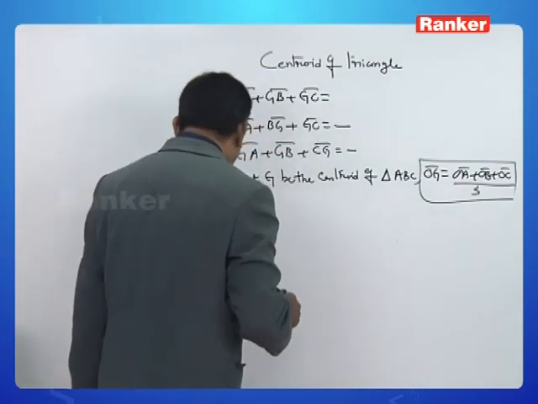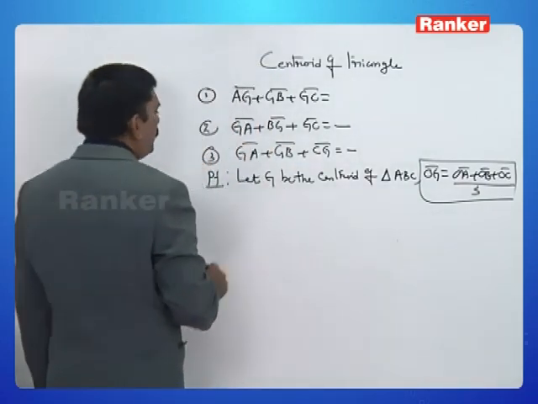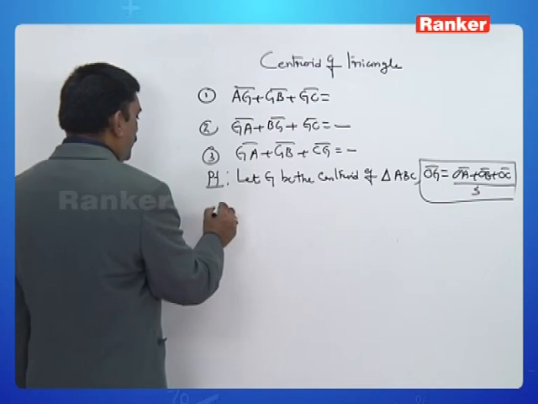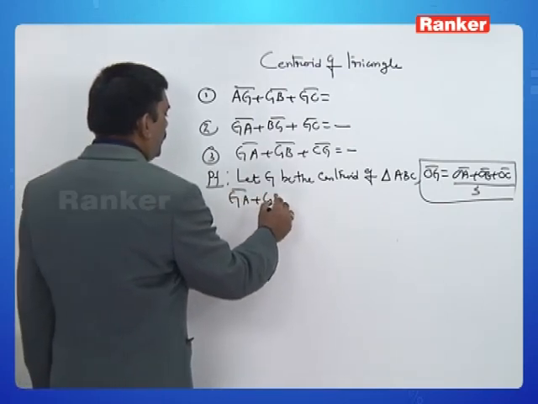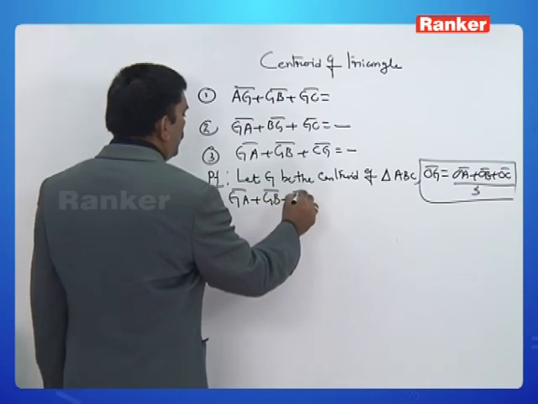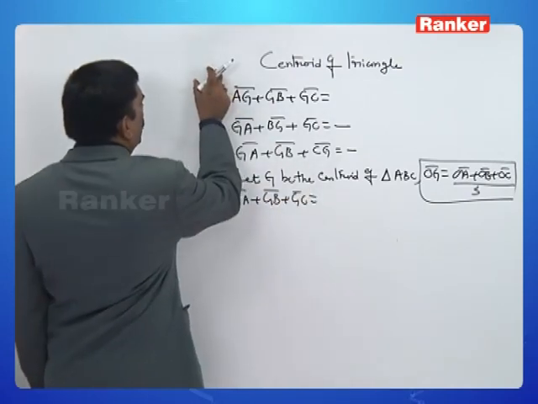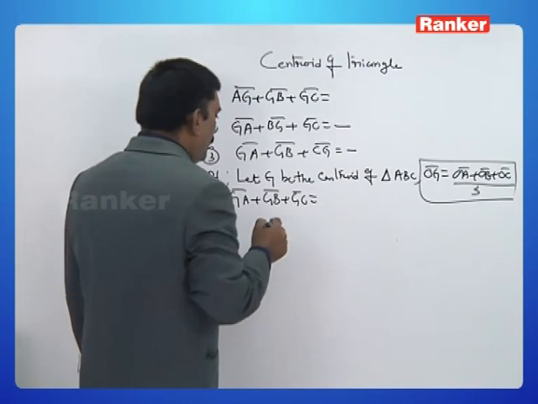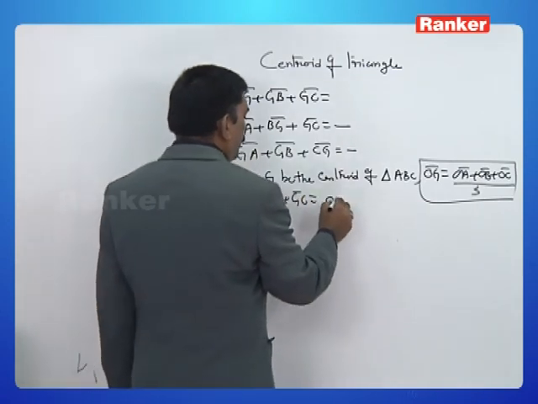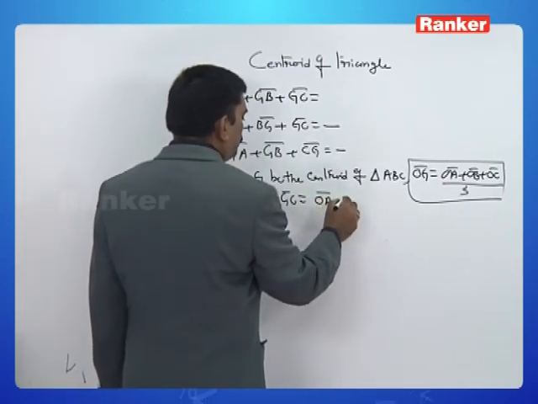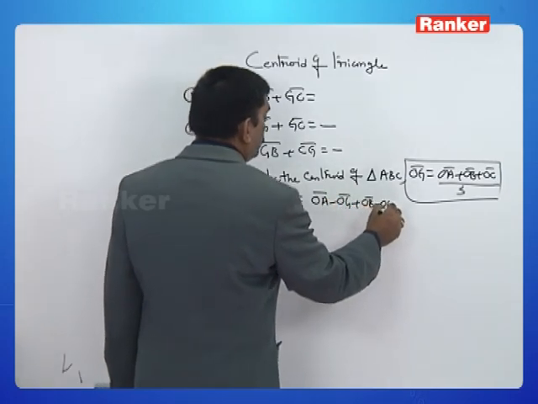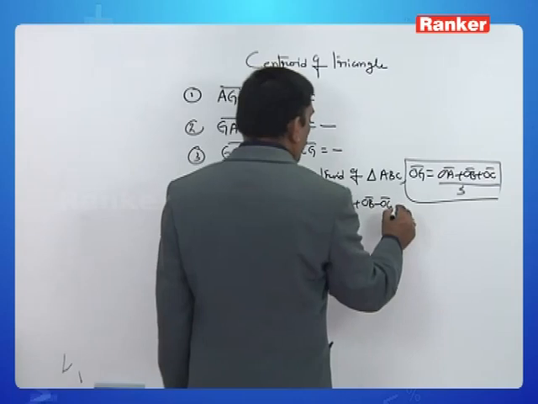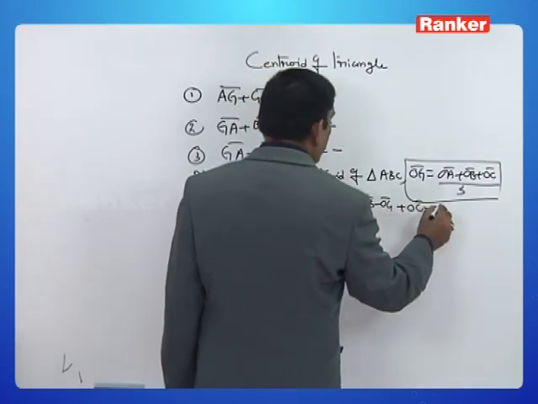Now let us prove that. First one: what is GA bar plus GB bar plus GC bar? GA bar is OA minus OG, then OB minus OG, next OC minus OG.